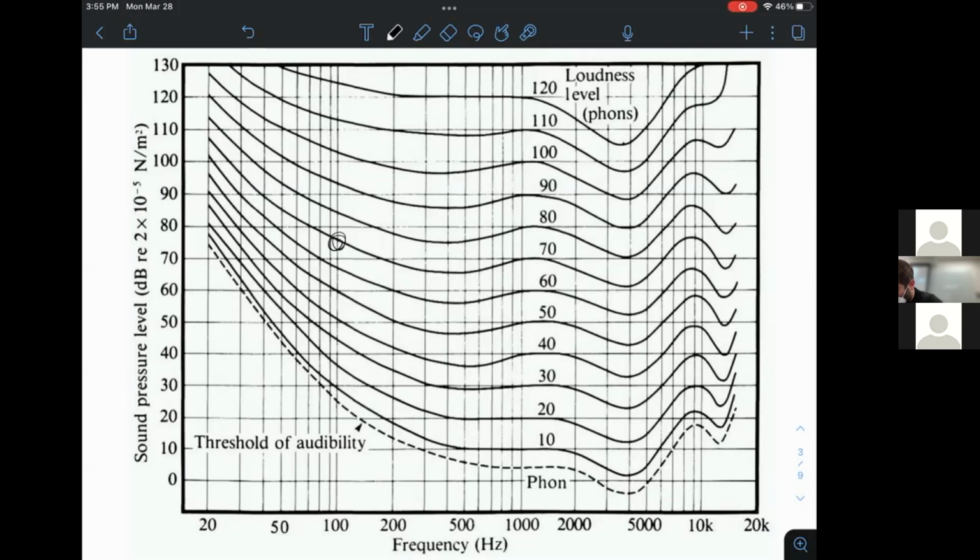At 20 hertz, I had to turn it up all the way to here. I needed 75 dB SPL for that person, or hopefully lots of people, to agree that it was the same volume as 1,000 hertz at 20 dB, if that makes any sense. It does.